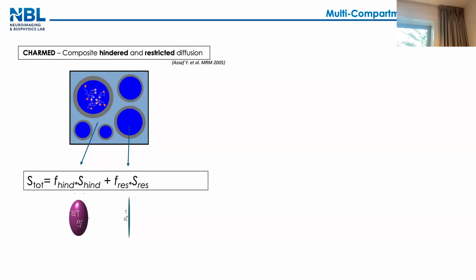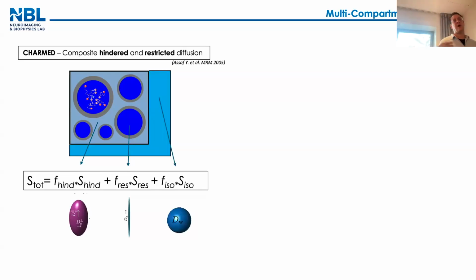So initially, CHARM was the first microstructural multi-compartmental model. What it was doing was literally modeling the intra-axonal water as restricted and extra-axonal water as hindered, like classical Gaussian diffusion. The sum of the two gives the composite hindered and restricted diffusion, CHARM, okay? The idea is you have a tensor for the hindrance, and a very sharp, very restricted signal for the intra-axonal space.